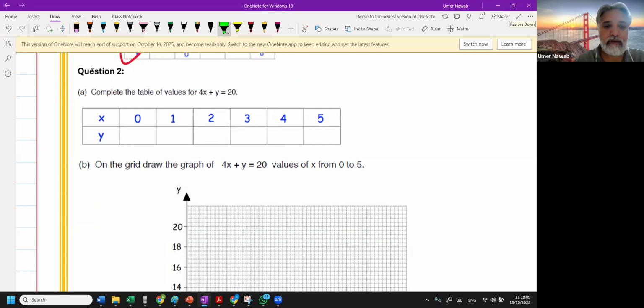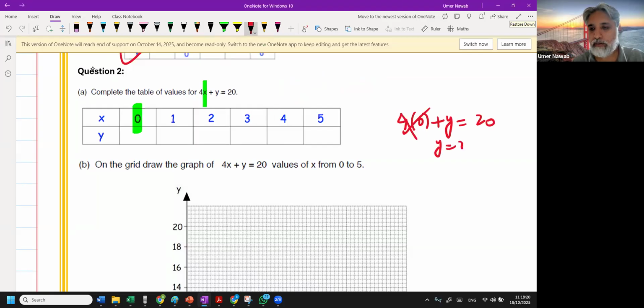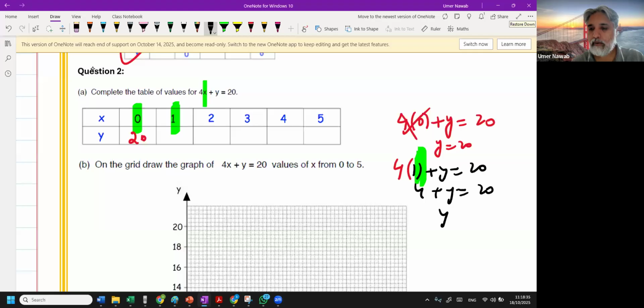So you have x as 0, so substitute 0. 4 times 0 plus y is equal to 20. So 4 times 0 is 0, finished. So y is equal to 20. I'm going to write here 20. And then for x, I'm going to write 1. 4 plus y is equal to 20, y is equal to 20 minus 4, so y is equal to 16. So I'm going to write here 16.